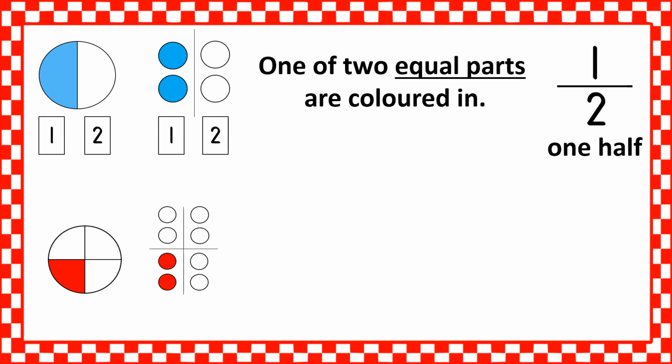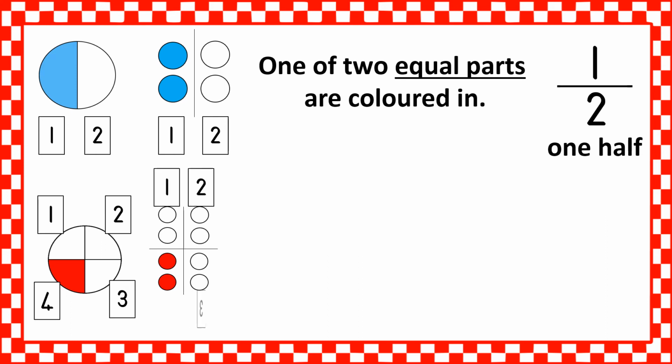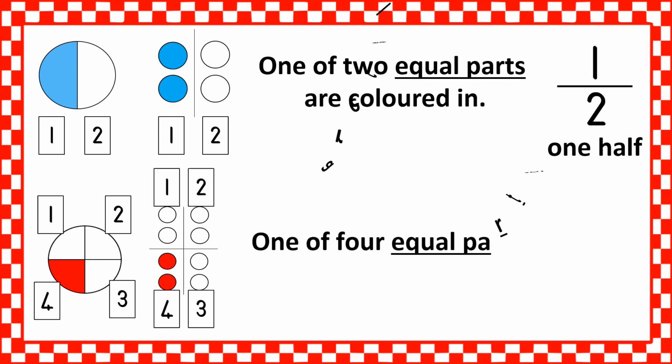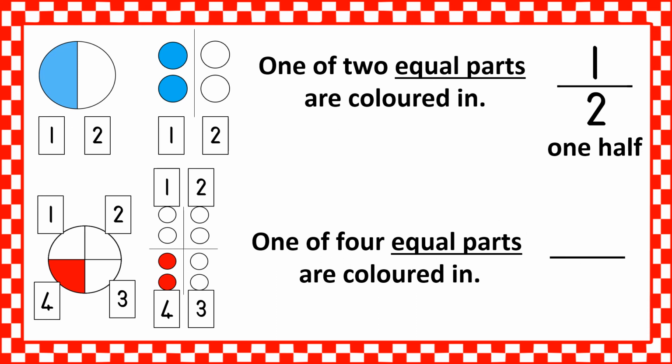In the next picture, the circle was divided up into 4 equal parts and the dots were divided up into 4 equal groups. So the bottom number will be 4. Well done. And how many of those equal parts are colored in? Just 1. We call this fraction 1/4.